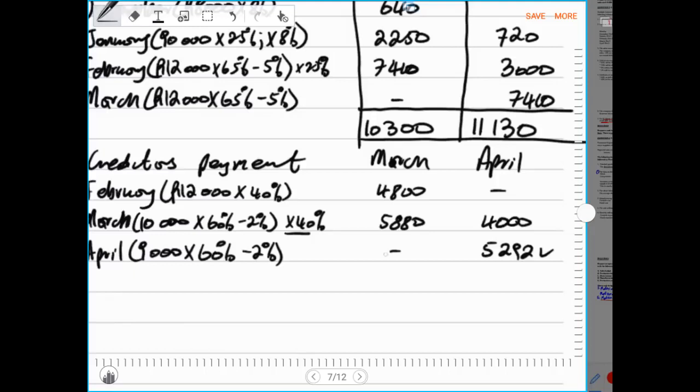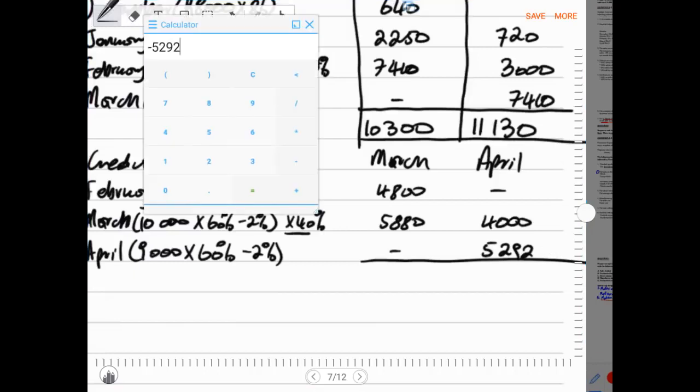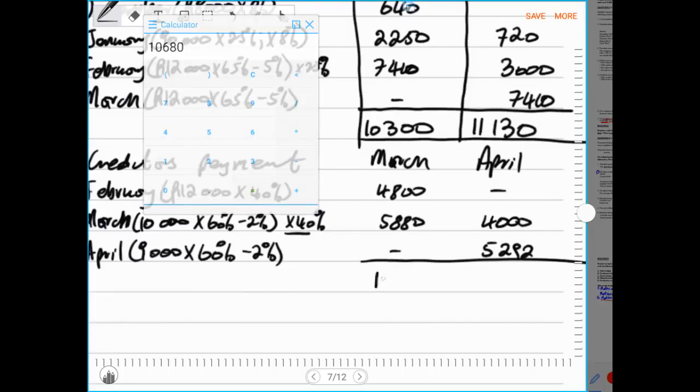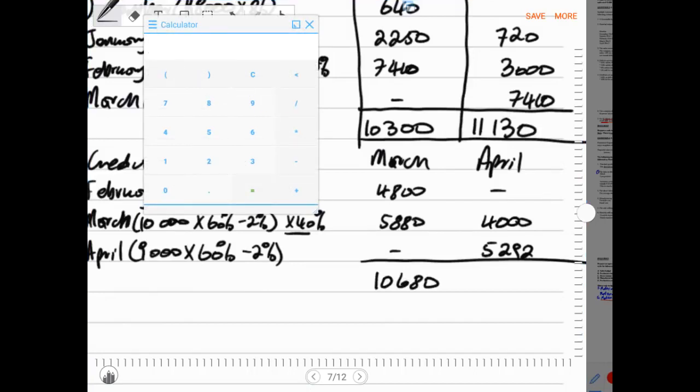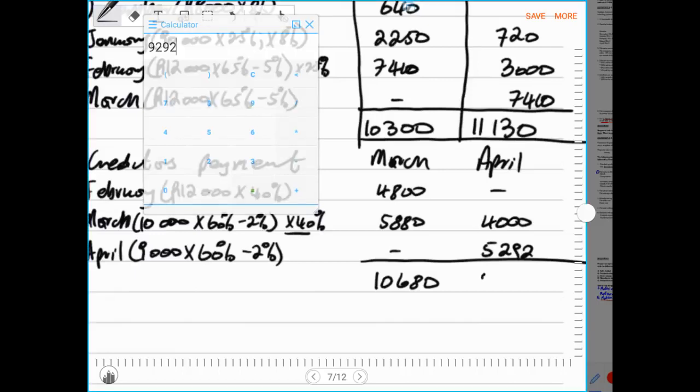So now with that, we can calculate the total of the payments that we expect to make to our suppliers. 4,800 plus 5,880. That will give us 10,680. Then after we say 4,000 plus 5,292, that will give us 9,292.